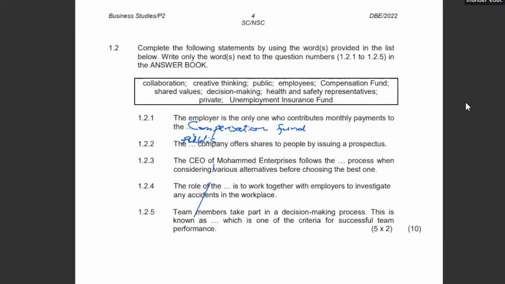So it means that here they should follow decision making. They should follow the decision making.